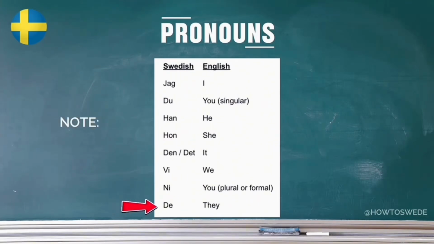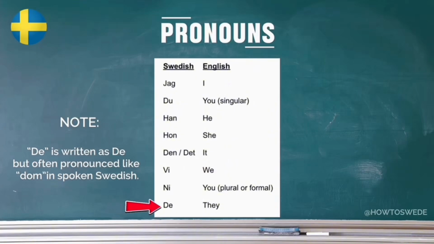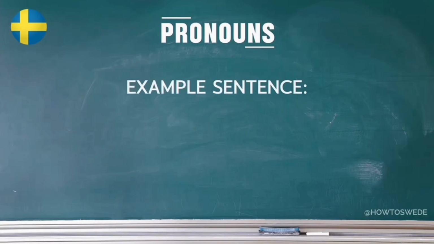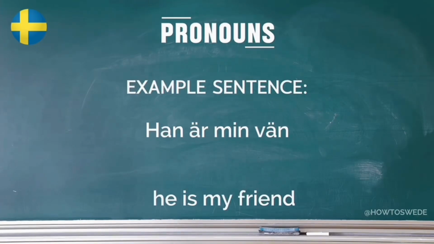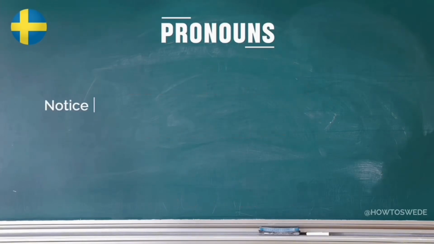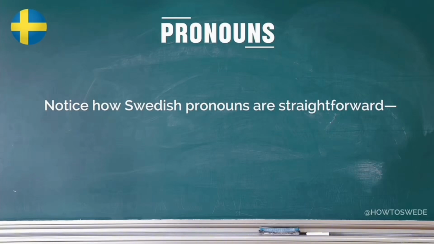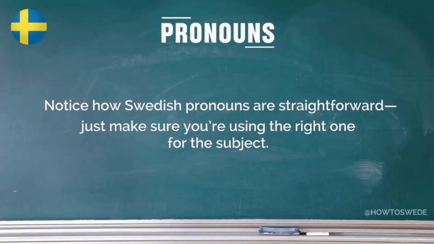Note that de is written as de, but often pronounced like dom in spoken Swedish. Example sentence. Han är min vän. Han, he, är, is, min vän, my friend. Notice how Swedish pronouns are straightforward. Just make sure you're using the right one for the subject.